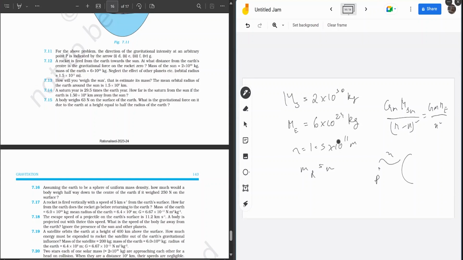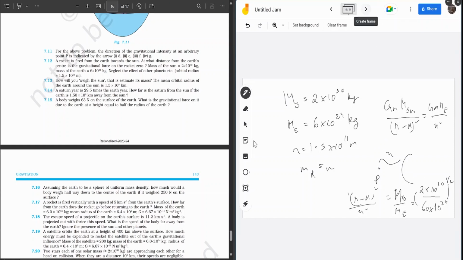So (r minus x) whole square by x square is equal to M of Sun divided by M of Earth, which is equal to 2 into 10 to the power of 30 divided by 6 into 10 to the power of 24, to the power of 1 by 2.